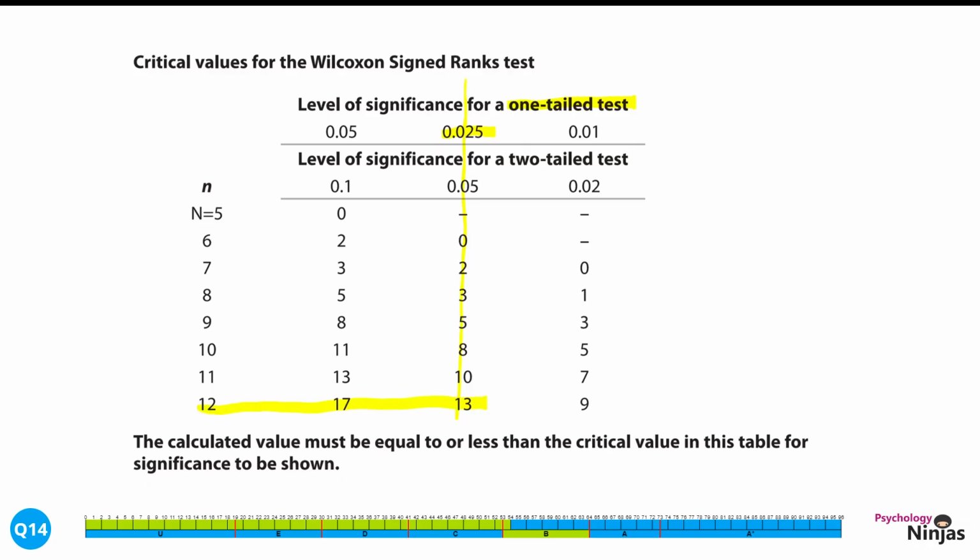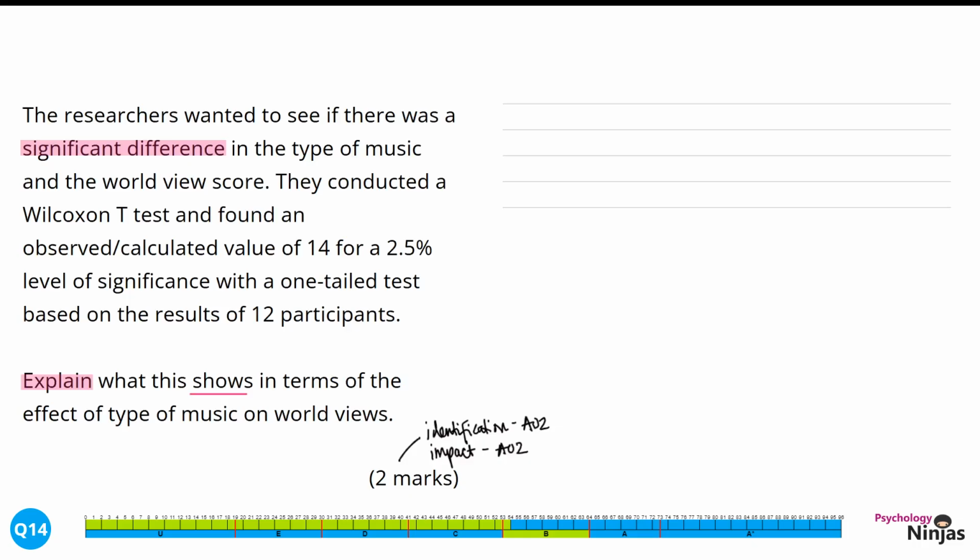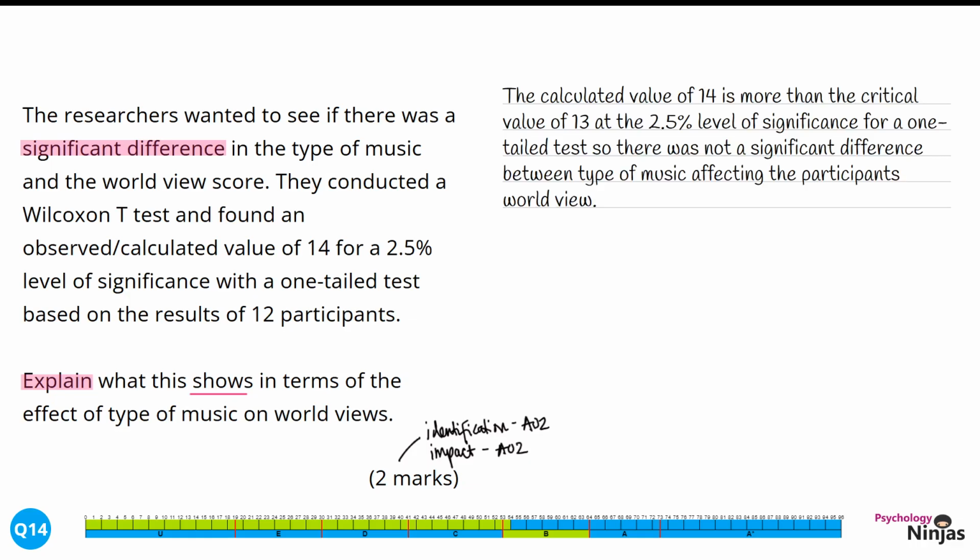So our critical value is 13. Let's break down a response, taking that information of our critical value. The calculated value of 14 is more than the critical value of 13 at the 2.5% level of significance for a one-tailed test, so there was not a significant difference between the type of music affecting the participants' worldview.